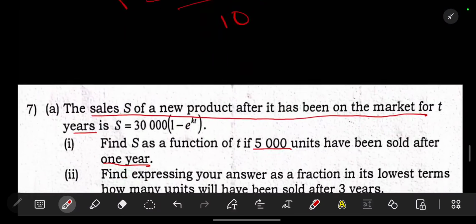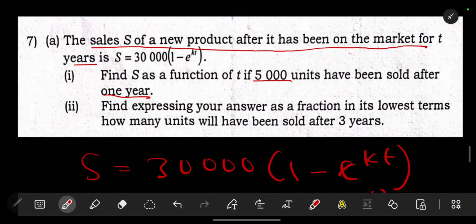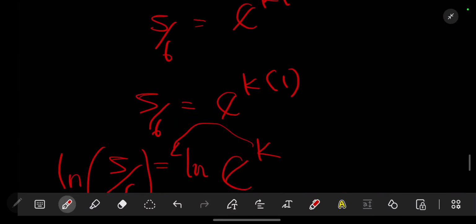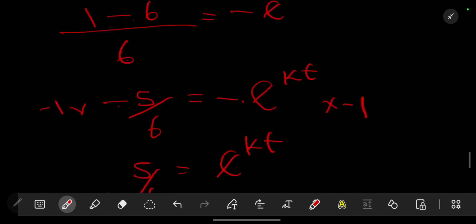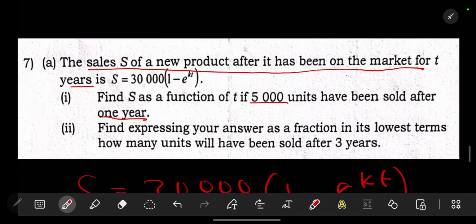Last but not least, we have the expression. Since they wanted the expression, we substitute the value of k into S as a function of t.